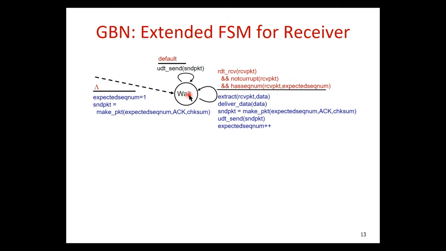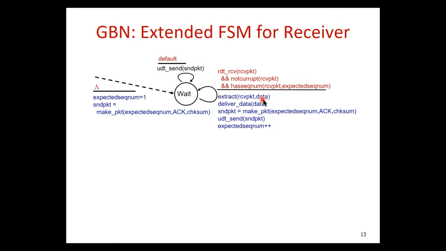Essentially we have two types of events. The first type is the receiver receives a packet that is not corrupted, and it has the matching sequence number. The sequence number matches the expected sequence number, so everything is fine, everything is in order. There's no gap.